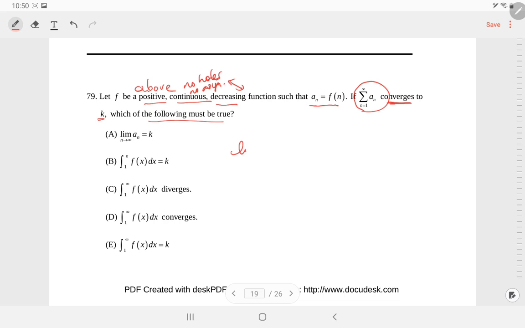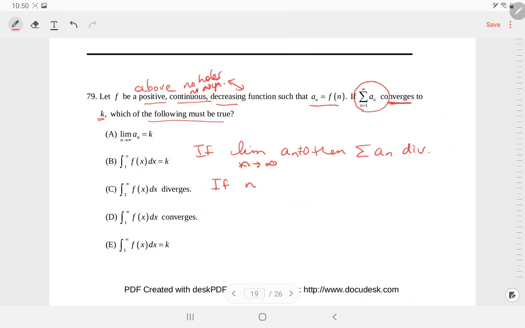There's a rule, and it might not be that, but there's a rule that says if the limit as n approaches infinity of a_n does not equal 0, then this diverges. So if you wrote that backwards, that would say if you not it.